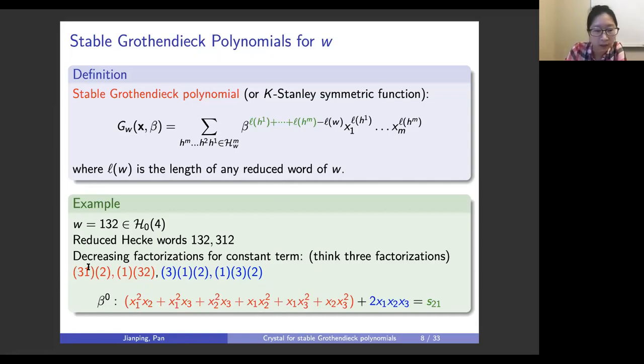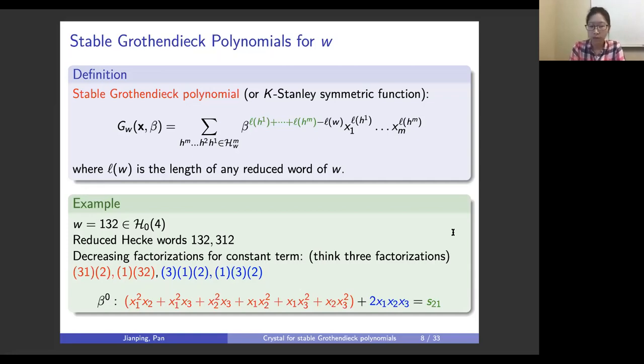If we take the empty factor in the middle, we get x1 x3 squared, etc. The red part corresponds to these two decreasing factorizations, but there are 6 of them because you can put the empty factors in different places. Then the blue parts, we can put the letters all in separate factors. Then we get x1 x2 x3, and 2 of them. And in the end, we actually get the Schur function of shape 2,1.